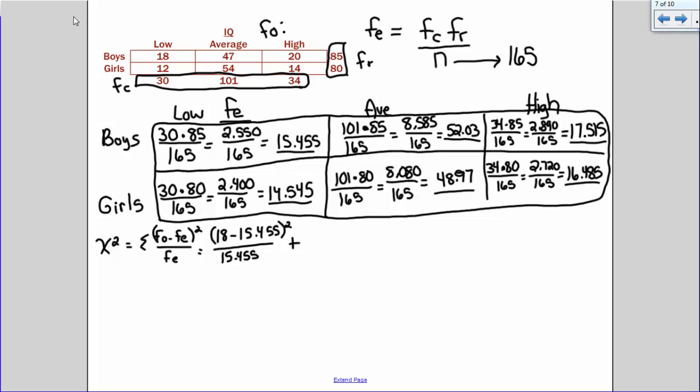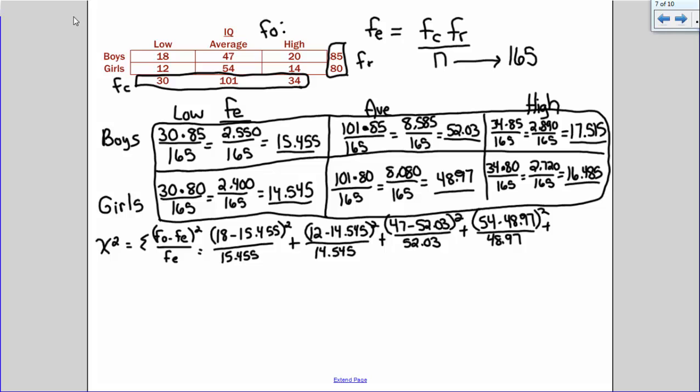Now moving on to the girls with a low IQ, 12 minus 14.545 squared divided by 14.545. Now moving on to the boys with an average IQ, 47 observed minus 52.03 expected squared divided by 52.03. Now the girls with an average IQ, so 54 observed minus 48.97 expected squared divided by 48.97.